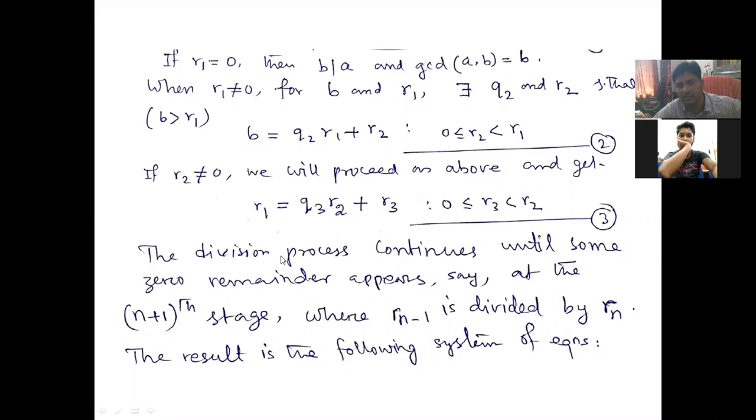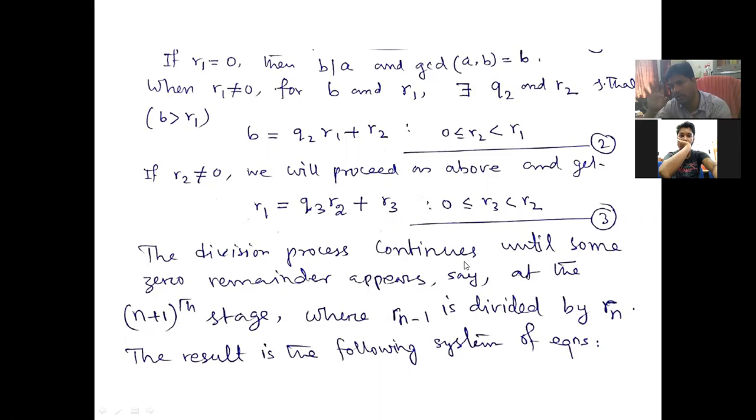The division process continues until some zero remainder appears. Similarly, until zero comes, suppose R3 is not 0, then you can go again. In this way you can continue until some zero remainder appears, say at the n plus 1th stage, where Rn minus 1 is divided by Rn. The result is the following system of equations.